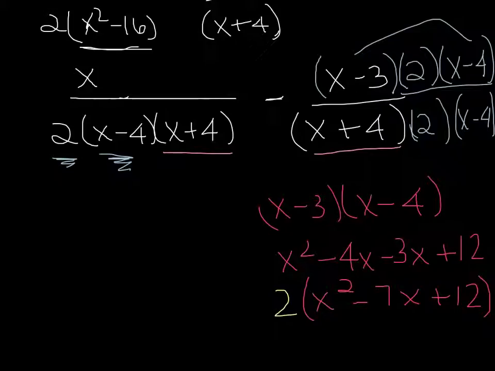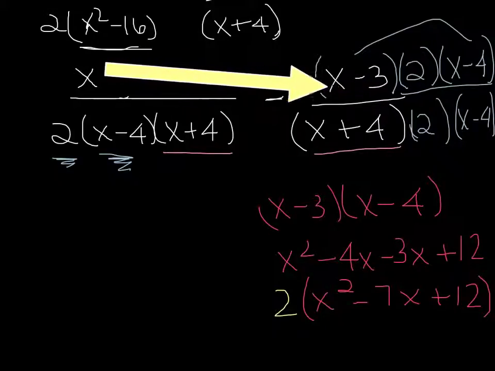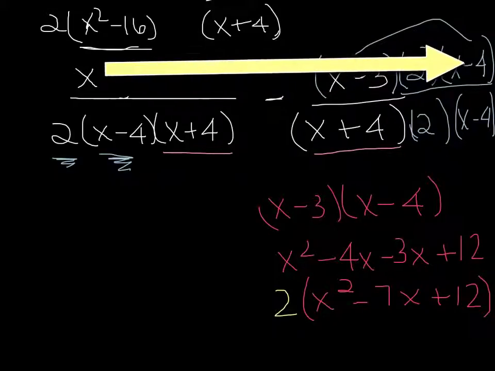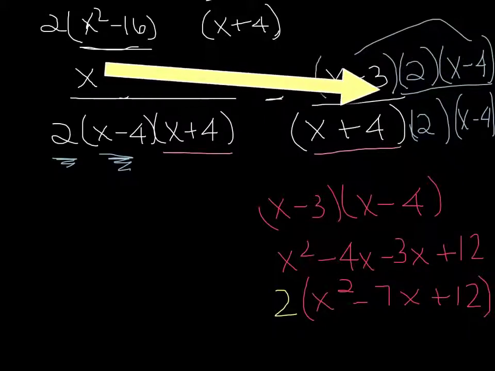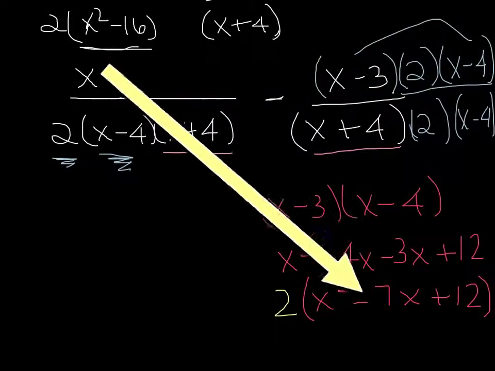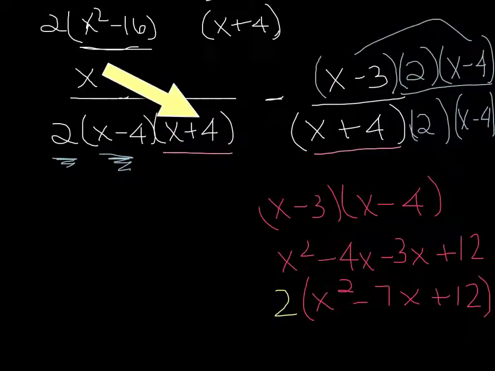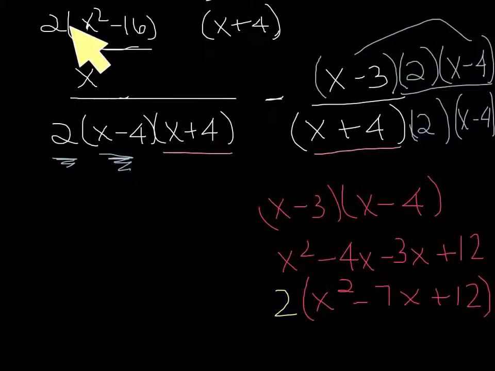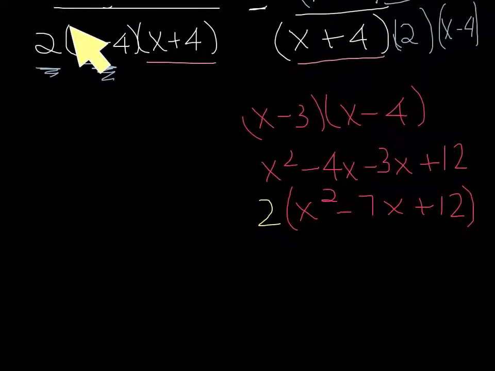Okay, so right now what I've done is up here I've done the FOIL between the x minus 3 and the x minus 4. And now I'm going to double it. That's just this work down here. So now when I double that, it just becomes, my apologies, 2x squared minus 14x plus 24.